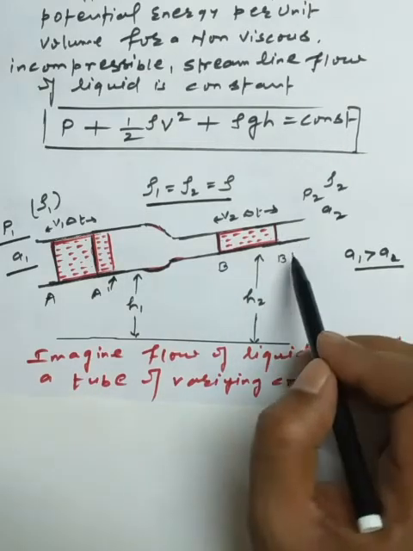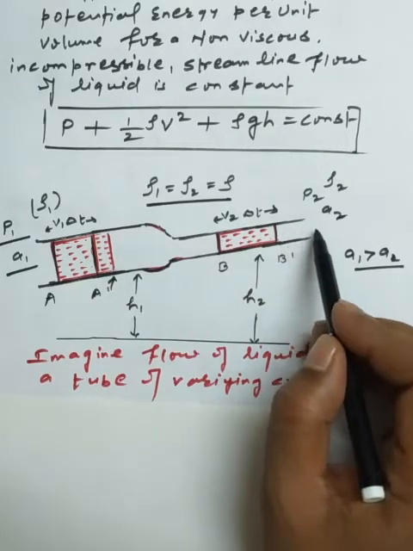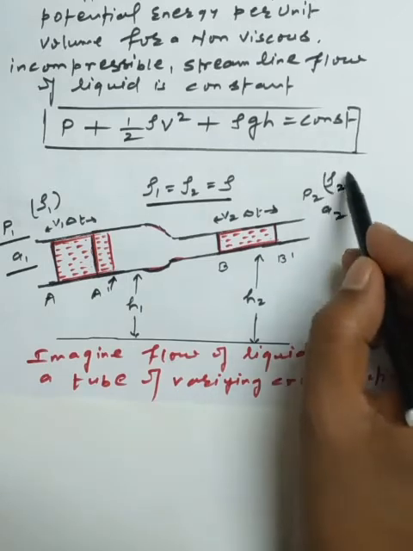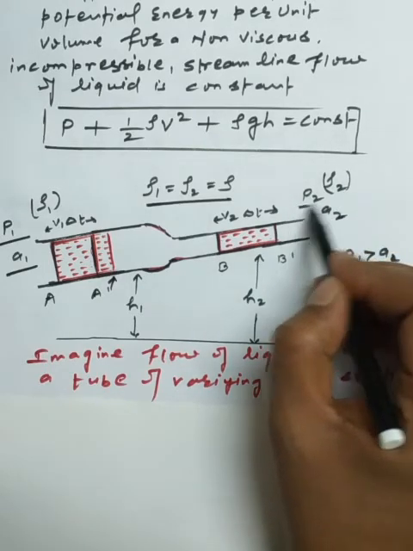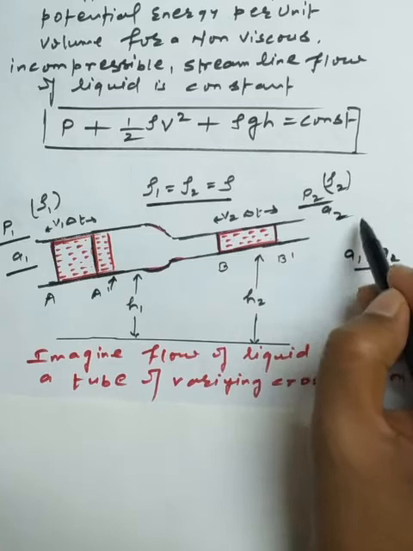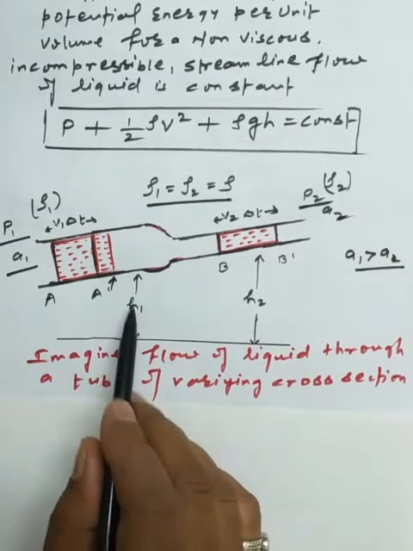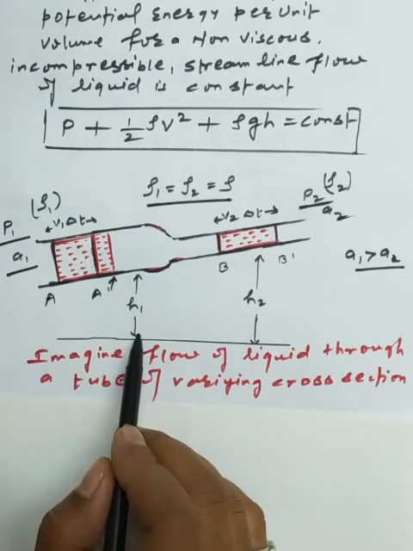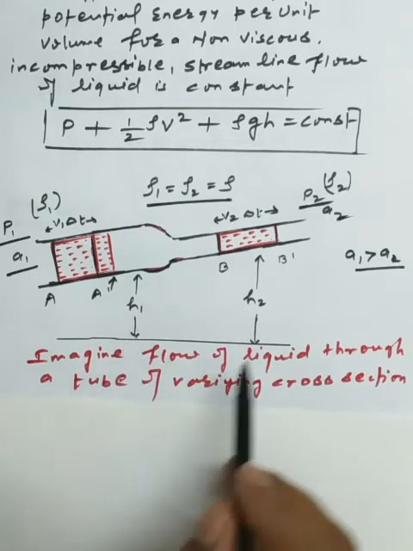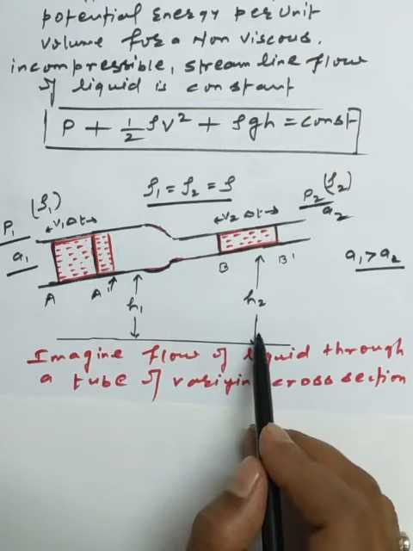Now at the end B, which is the narrower section, we have the density rho 2, P2 is the pressure, and A2 is the area of the cross section. Now at the end A, the liquid has the height from the surface, that is H1, and at the end B, the height of the liquid is H2, which makes the concept of the potential energy.